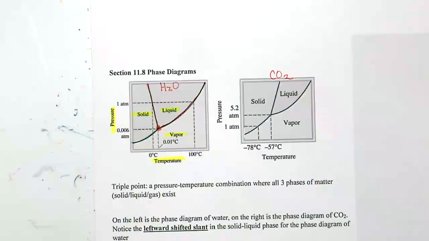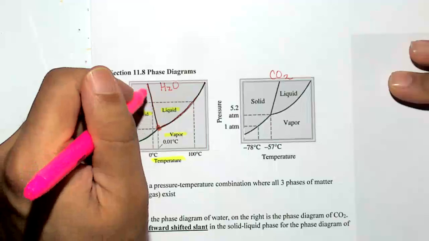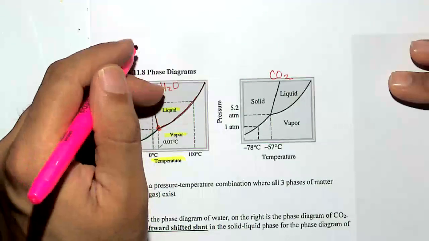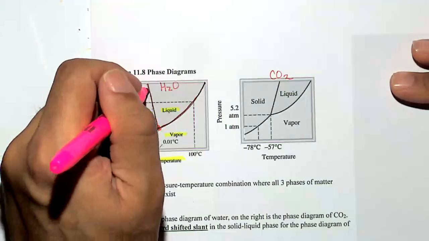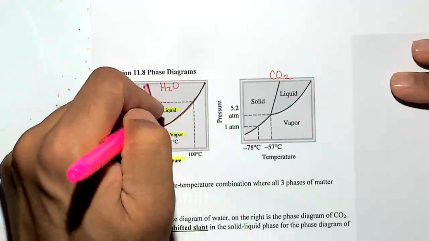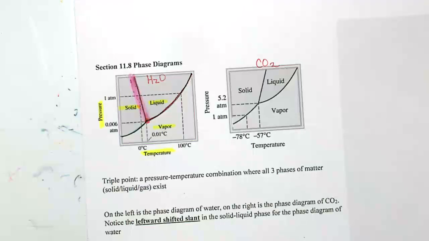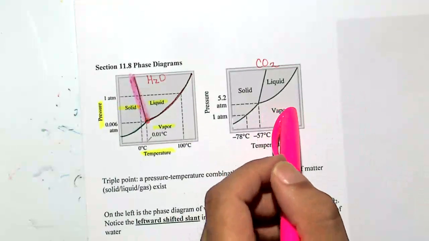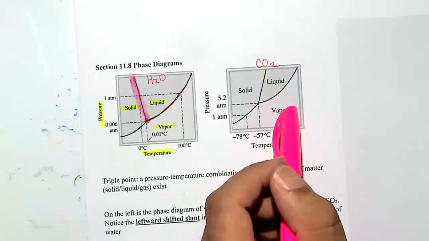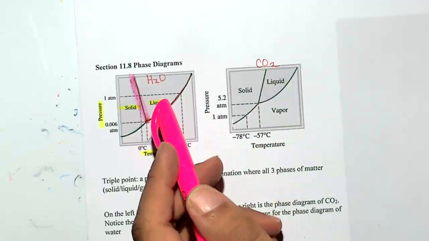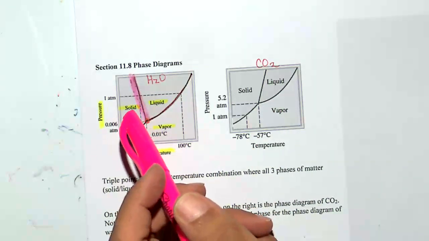Water is interesting because the solid-liquid line in the phase diagram bends backwards. That makes water very unique. Most other substances, it will either be straight or slightly tilted clockwise, but this is bent backwards.